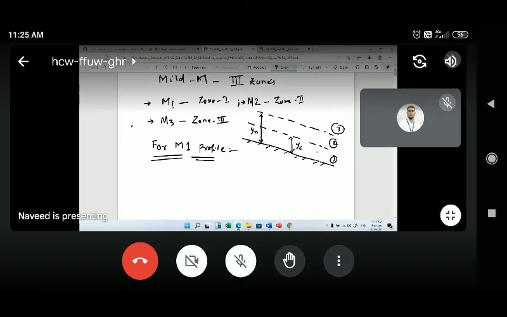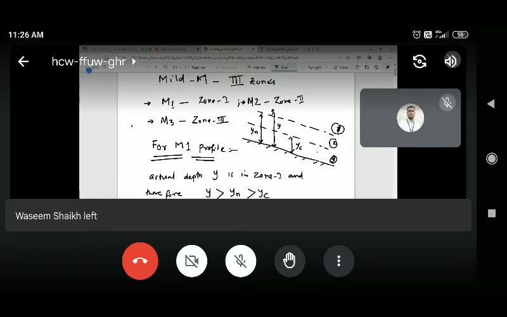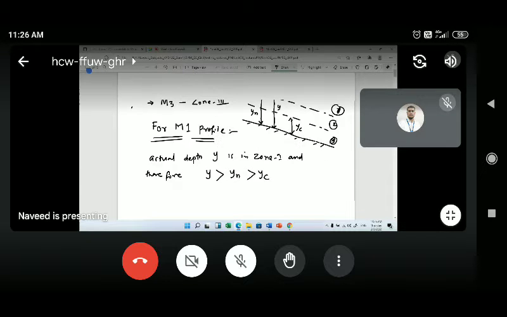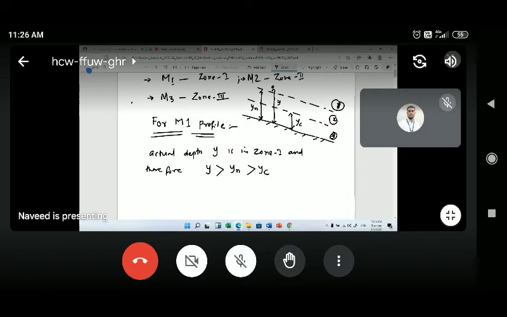For the M1 profile we can write the actual depth y is in zone 1, and therefore we can write that y is greater than yn and it is greater than yc. Somewhere here in zone 1 this depth y will be. Sorry, I wrote it the wrong way, zone 3 is last. So here the actual depth is greater than the depth of flow, and then also greater than the critical depth.